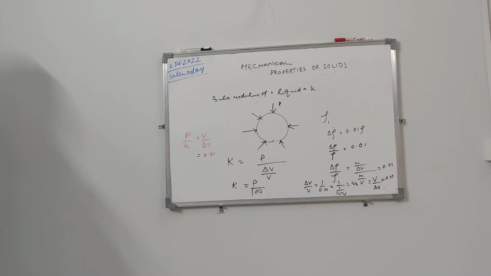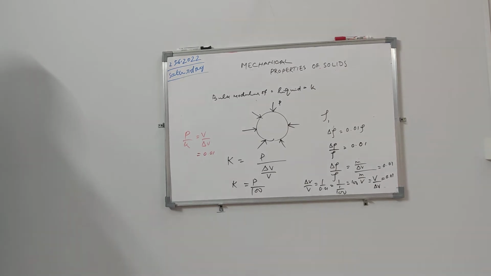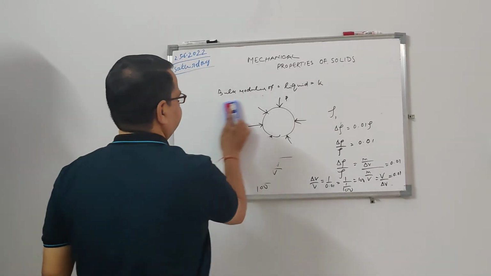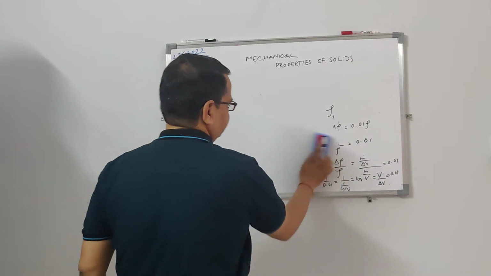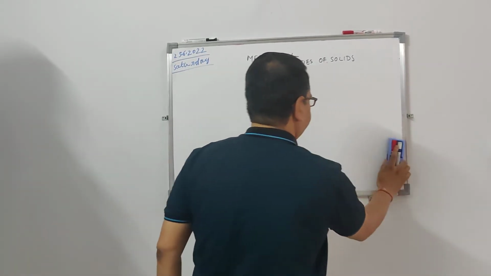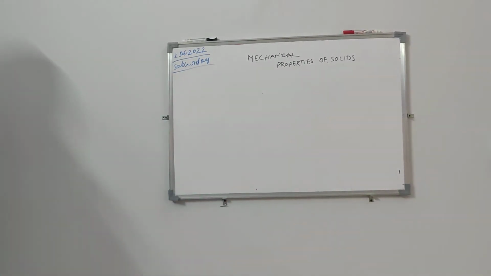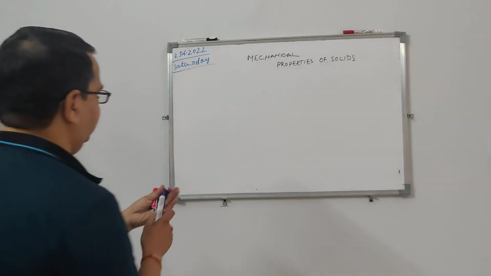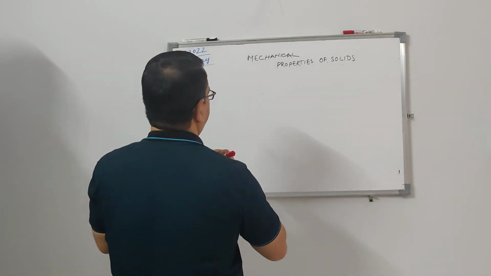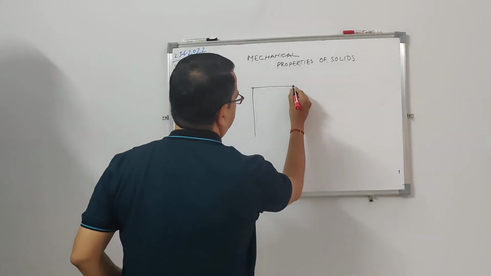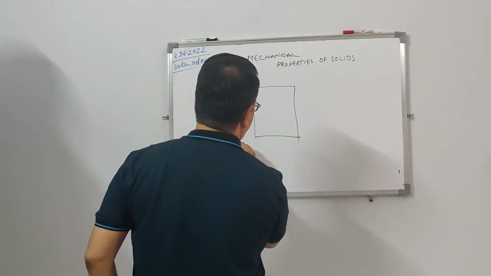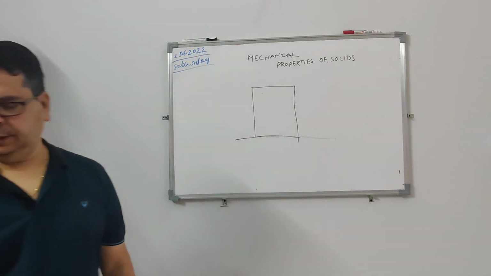Okay, so the one related to rock or compressive strength we will do. The height of a mountain is h. Let us say we have a mountain, like this.